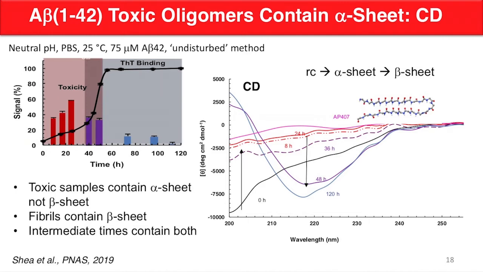So if we start on the right and look at the black curve, you can see that the peptide is disordered under these conditions, and it's normal, it's an intrinsically disordered peptide. As it begins to aggregate, you can look at that arrow going up from the black curve. This curve flattens out. It lifts and flattens.